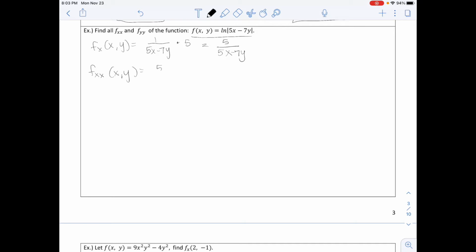So it's going to be the bottom times the derivative of the top, which is just, the derivative of 5 is 0, minus the top times the derivative of the bottom with respect to x, which is just 5, all over the denominator squared. So this is going to simplify. The first thing's just 0, then we have negative 25 all over 5x minus 7y squared.